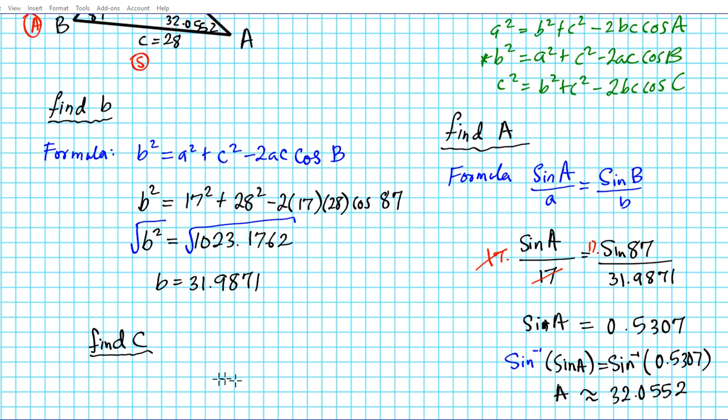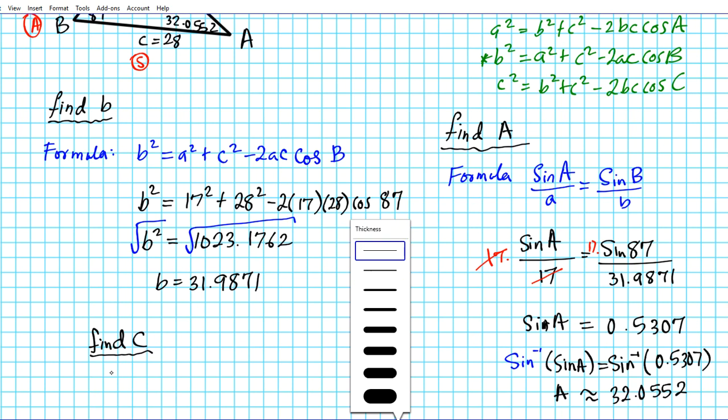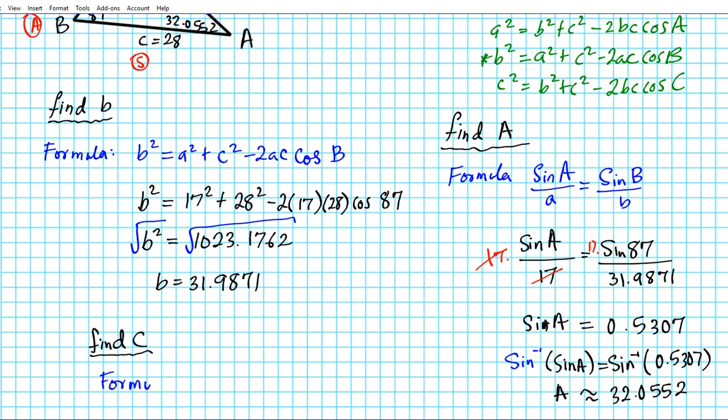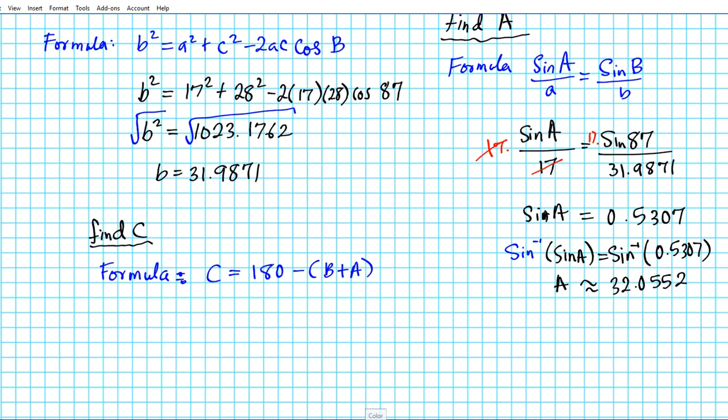So the formula is big C equals 180 minus big B plus big A. When we carry out the substitution, we have big C equals 180 minus big B, which is 87, plus big A, which is 32.0552.